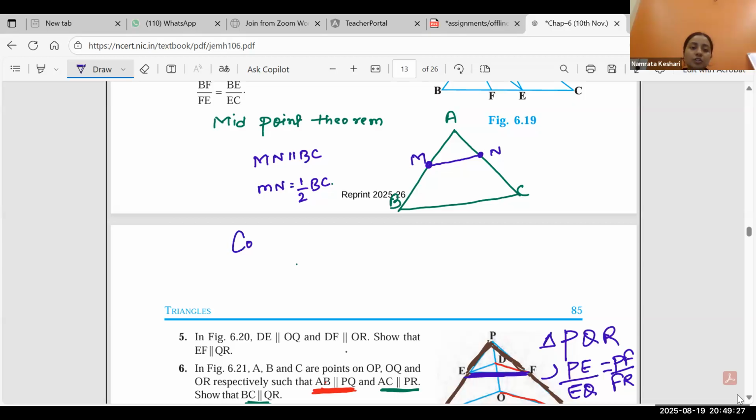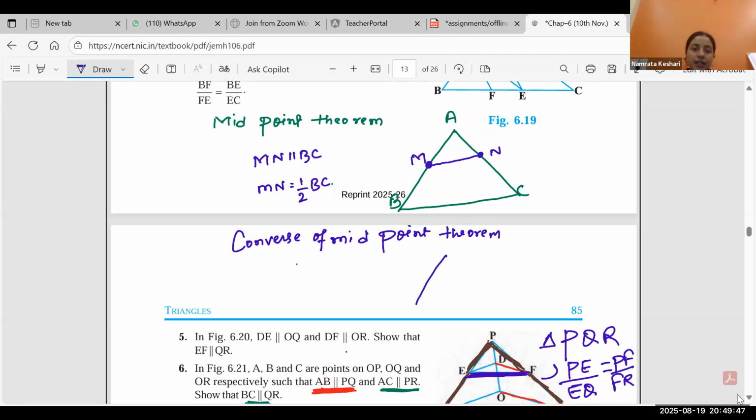Now the converse of the midpoint theorem says that, here proof is not required, just knowledge of the theorem.